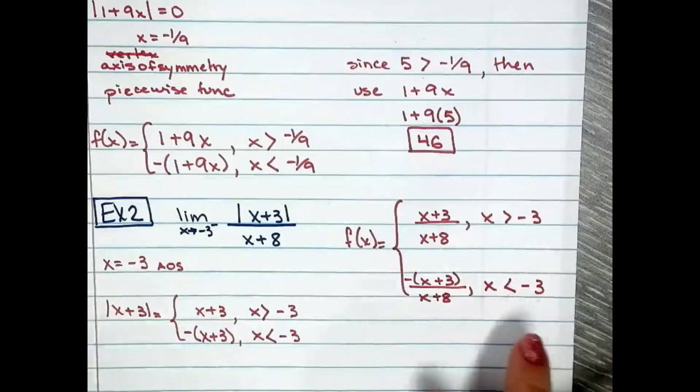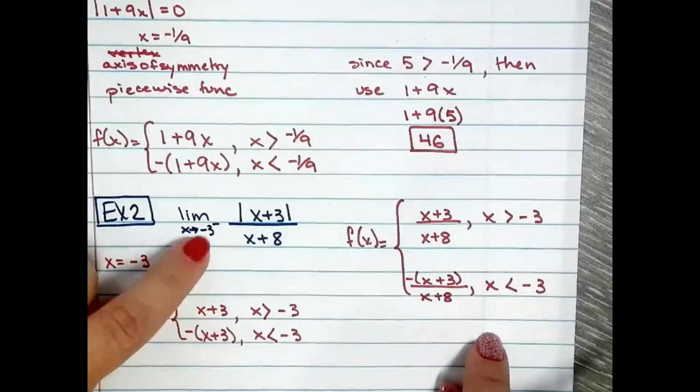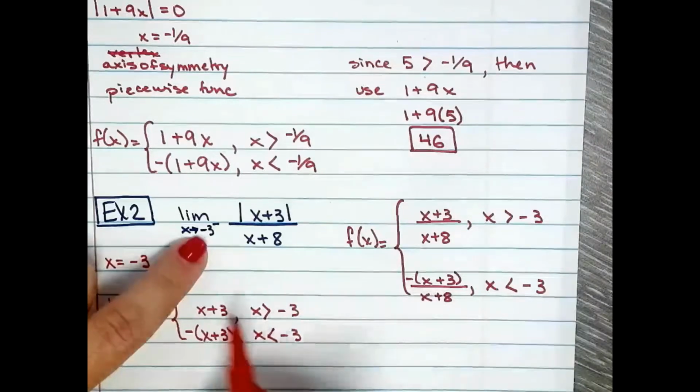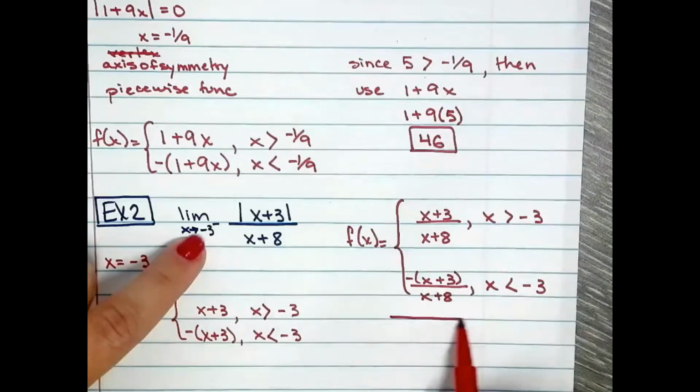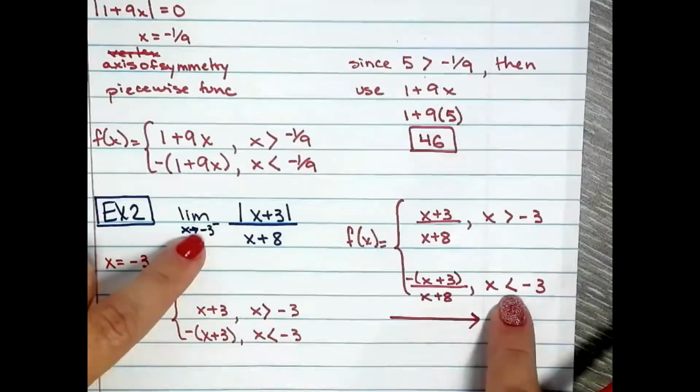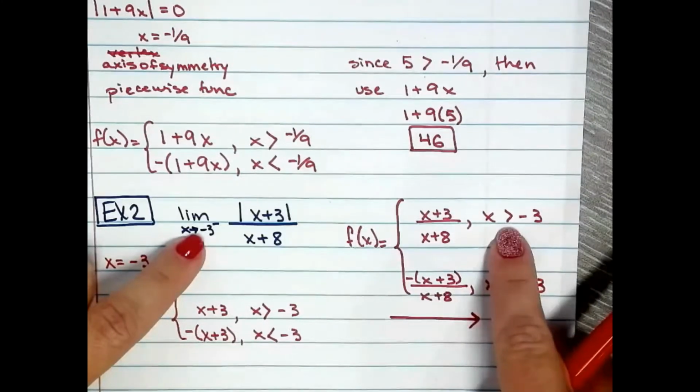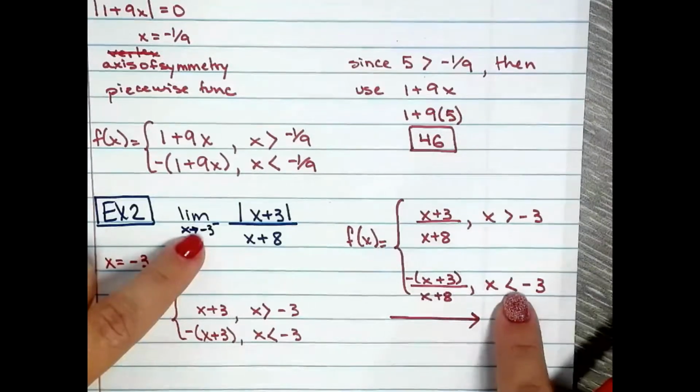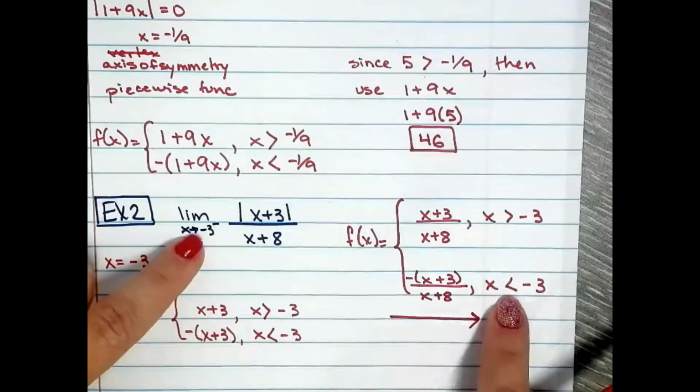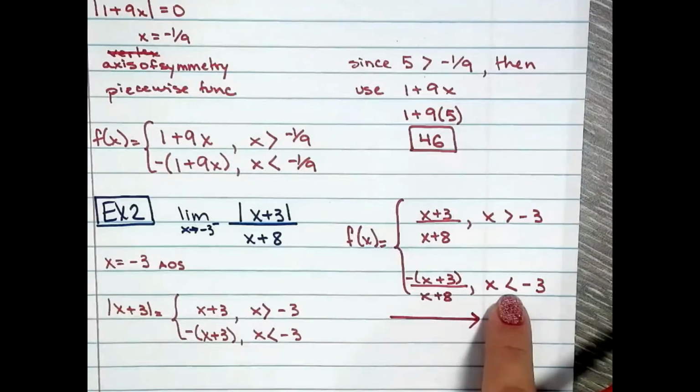Okay, so you have to think about, since it's approaching from the left, you have to make that decision. Is the left over here or is the left over here? Approaching from the left is definitely less than negative 3.